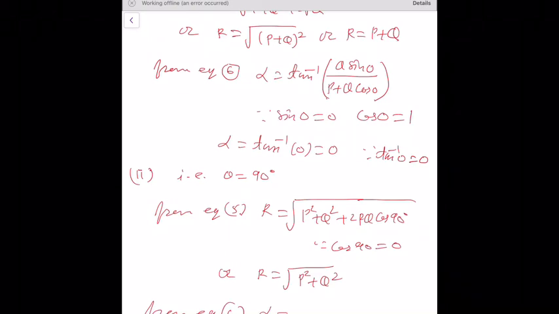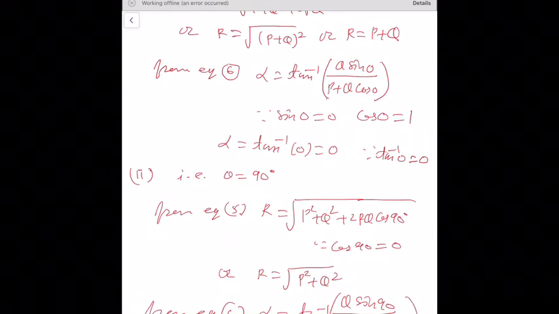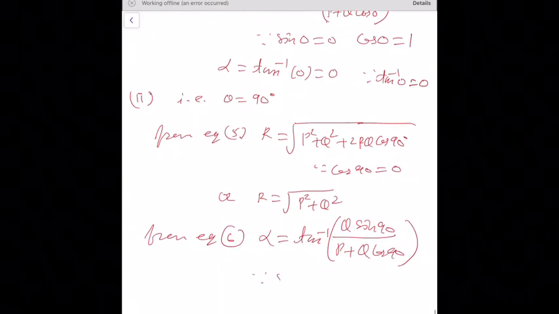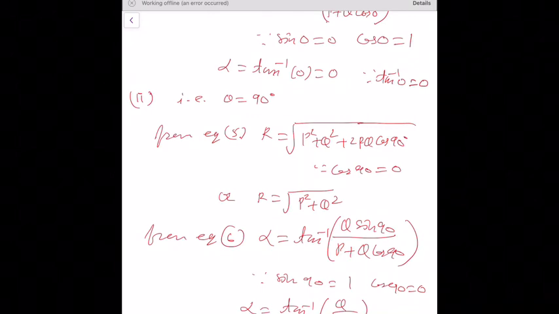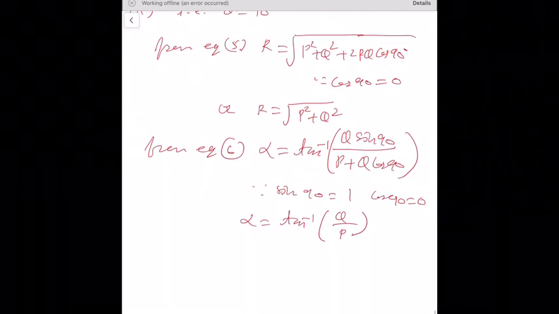From equation 6, we can write alpha equal to tan inverse Q sin 90 upon P plus Q cos 90. Since sin 90 equal to 1 and cos 90 equal to 0, so alpha equal to tan inverse Q upon P.